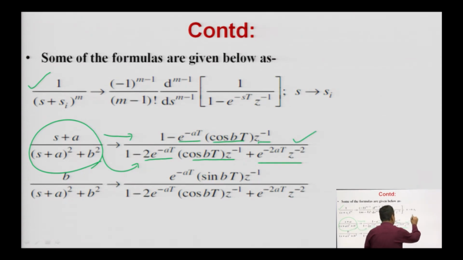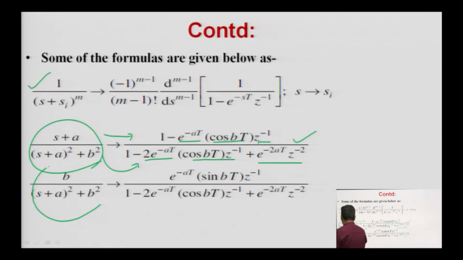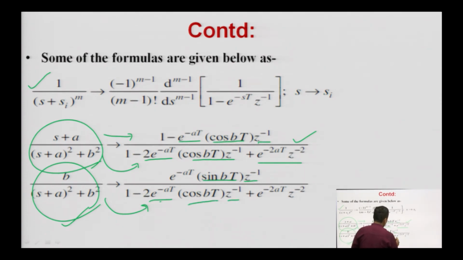So, you can convert H(s) easily if it is in the form of (s plus a) upon (s plus a) whole square plus b square. Similarly, if H(s) is in the form of b upon (s plus a) whole square plus b square, then directly you can convert into its sine form, like e to the power minus a t sin b t z to the power minus 1 upon 1 minus 2 e to the power minus a t cos b t z to the power minus 1 plus e to the power minus 2 a t z to the power minus 2.